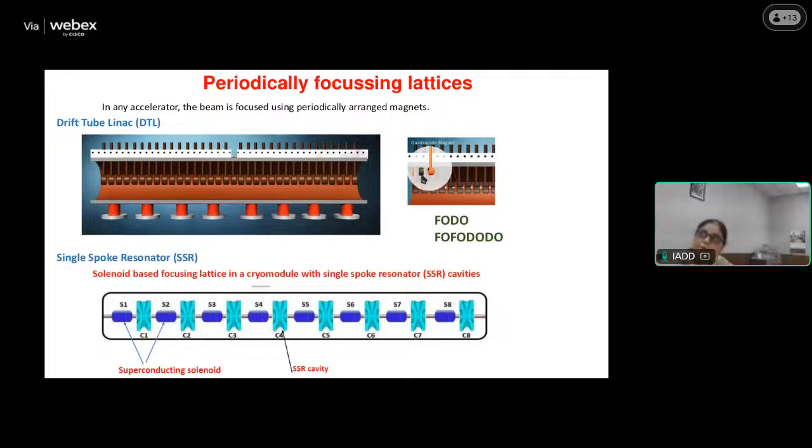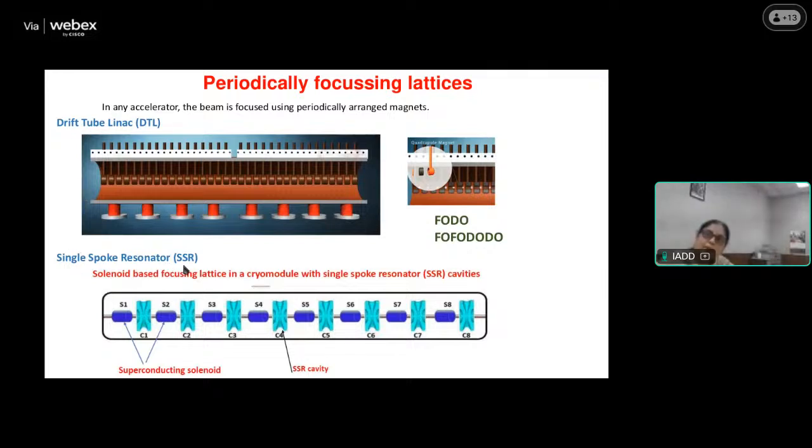Inside the drift tubes there are quadrupole magnets, used for focusing the beams, and these are arranged in a periodic manner. For example, there could be a focusing magnet followed by a defocusing magnet, again a focusing, defocusing, or an FFDD type of structure, or whatever it is, it will be a periodically focusing structure.